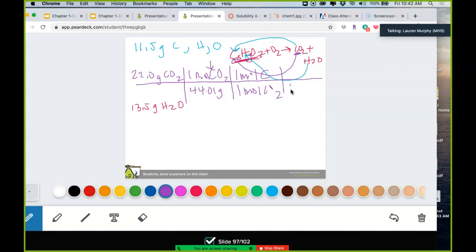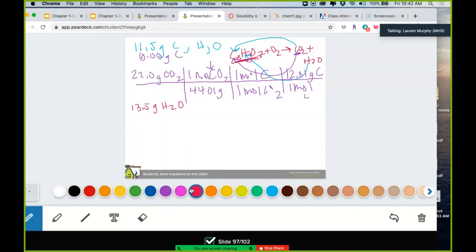And then you say 1 mole of carbon is 12.01 grams of carbon. Now I'm at grams, the mass of carbon. So let's calculate that out. It's going to be about 6. I think it's like 6 exactly. 22 divided by 44 is a half times 12. So this is like 6.00 grams of this compound is carbon.